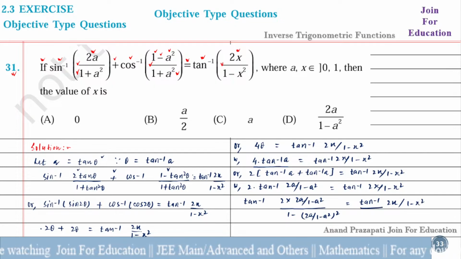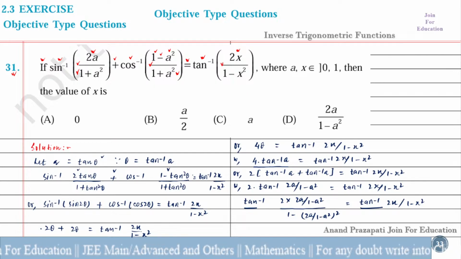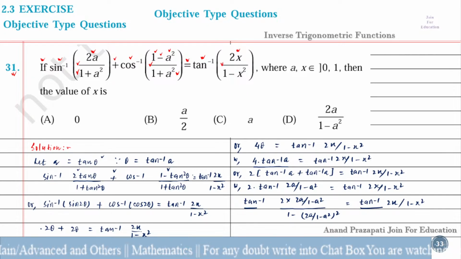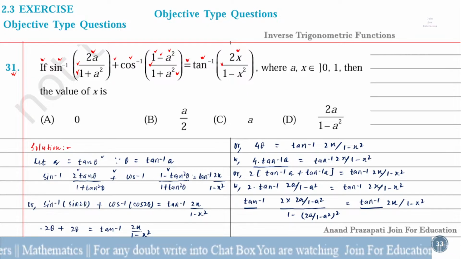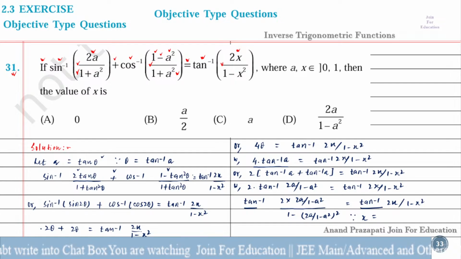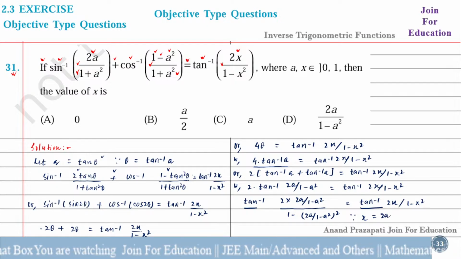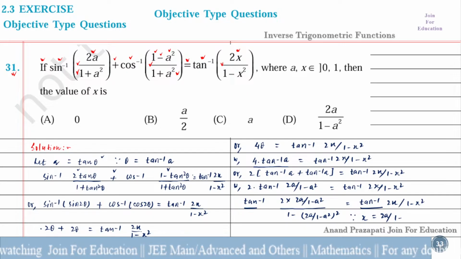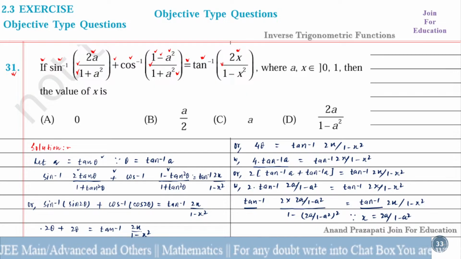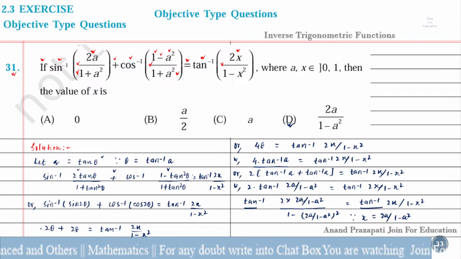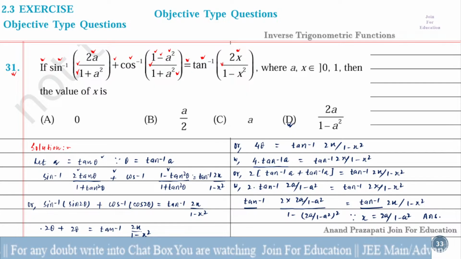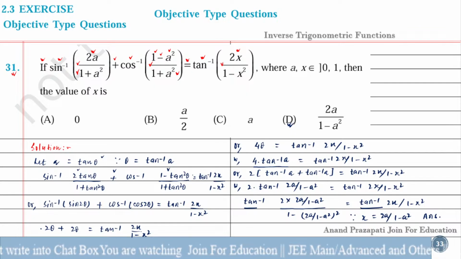We cancel out these two, then we get this one. Therefore, x equals 2a by 1 minus a square, and 2a by 1 minus a square is in option D. So the answer of this question is 2a by 1 minus a square, and the correct option is D.